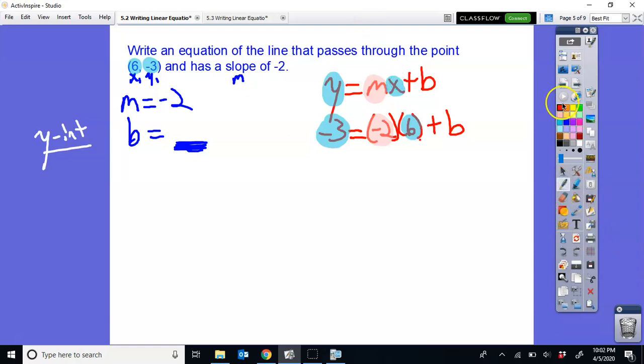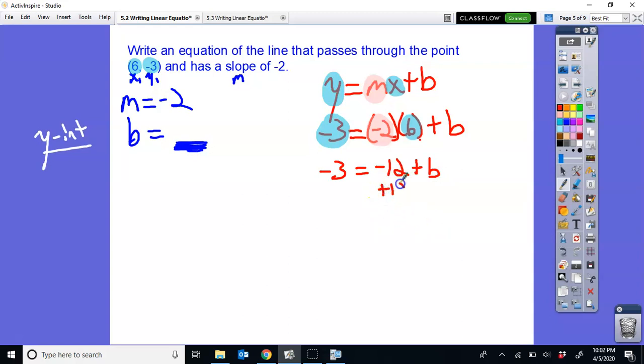What do you mean, Mr. Harrison? Well, look right here. You have -3 equals -2 times 6. If you can't do that in your head, use your calculator, but -2 times 6 would be -12, plus b. Meaning, if I can solve this equation and get b by itself, I can get my answer for b.